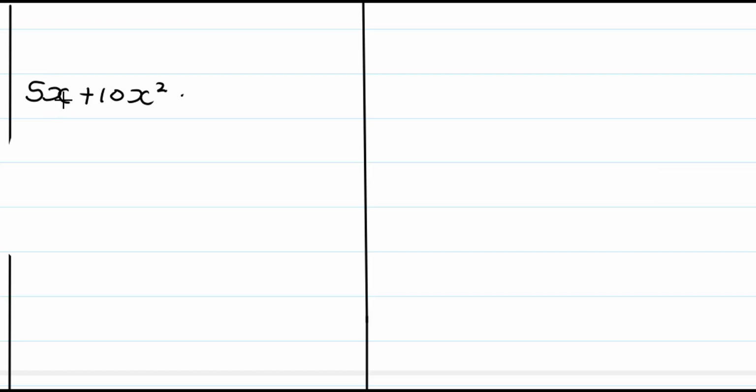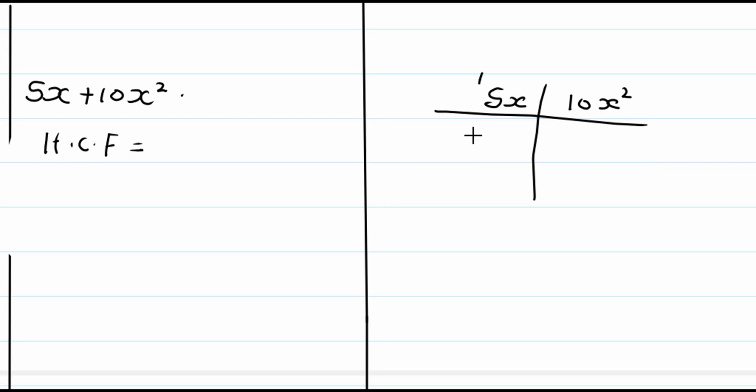So when we are finding our HCF, we need also to include the x value inside the HCF. So I write 5x and 10x squared, and then I start asking.